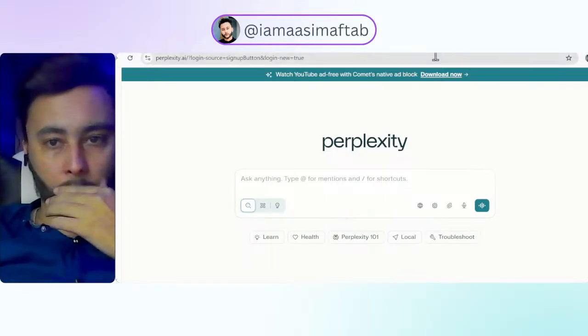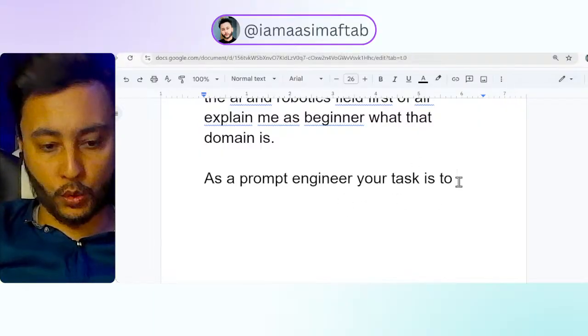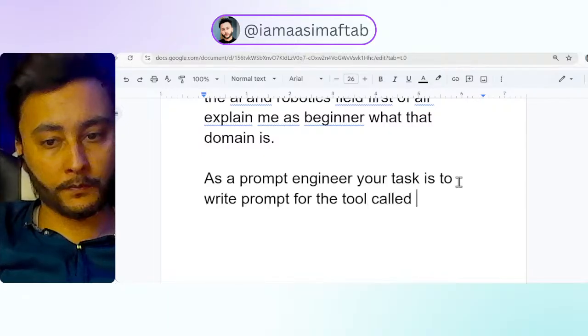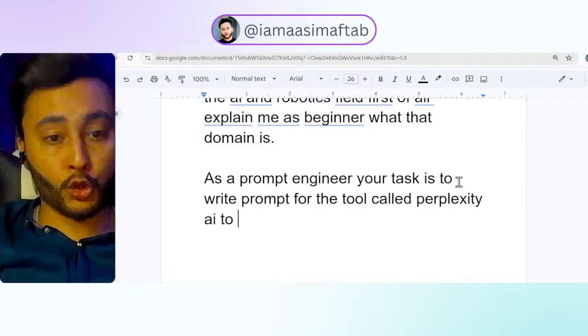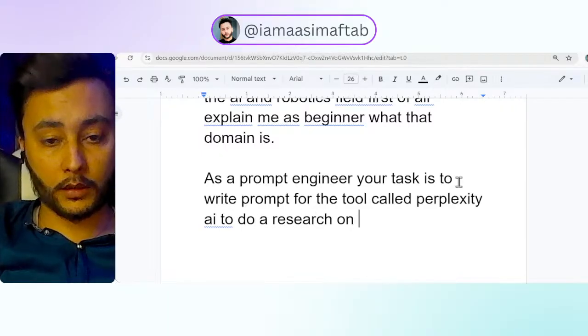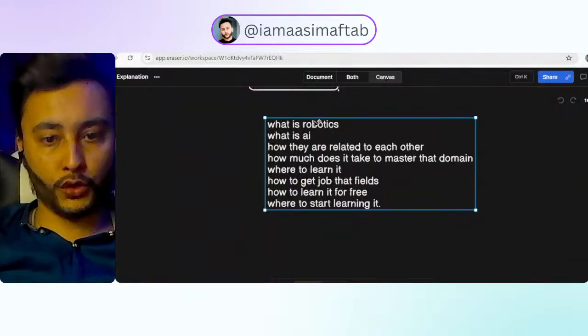Okay, so as a prompt engineer, your task is to write a prompt for the tool called Perplexity AI to do research on AI and robotics. Where to learn it?